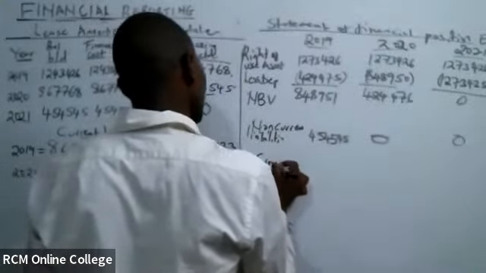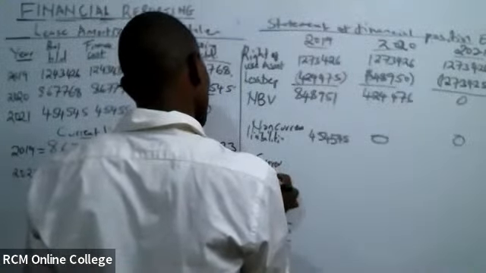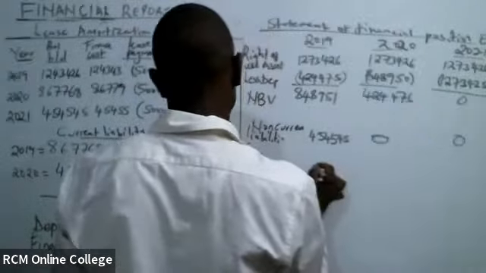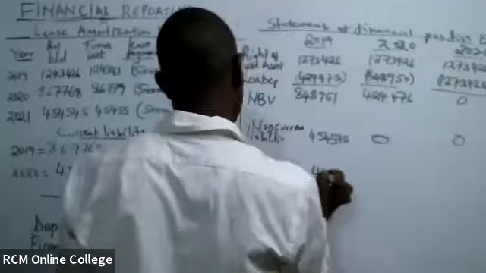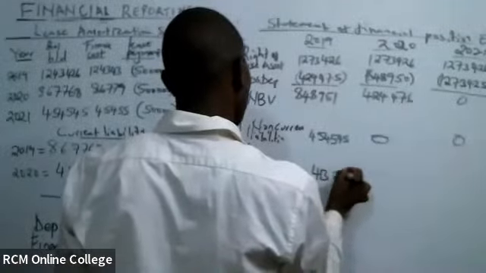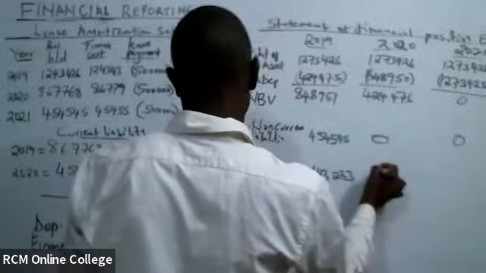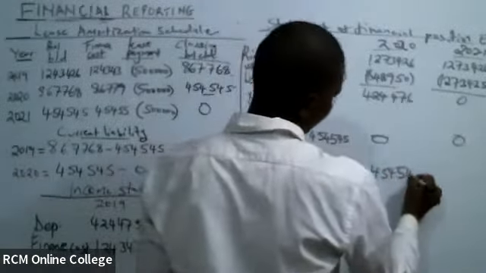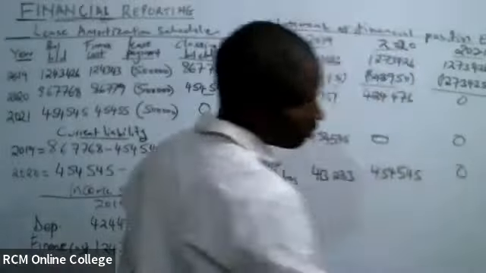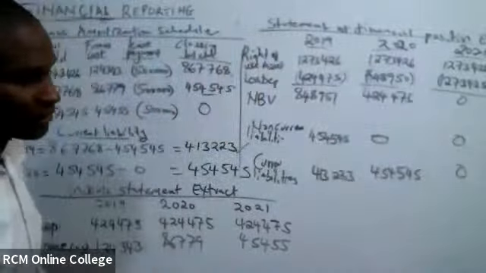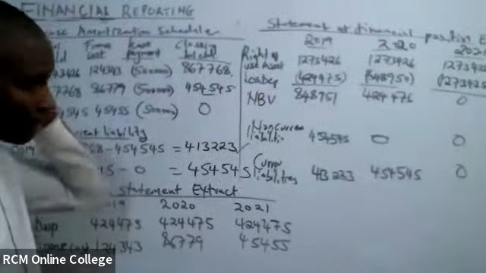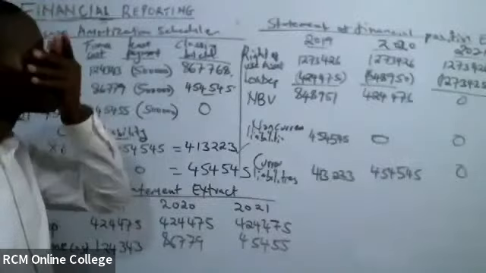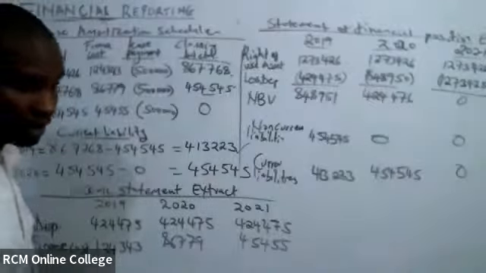Current liability ya 2019 ni hii 413,223, then 454,545, hapa hakuna. So that is the extract. That is the extract that you're supposed to give for that question.